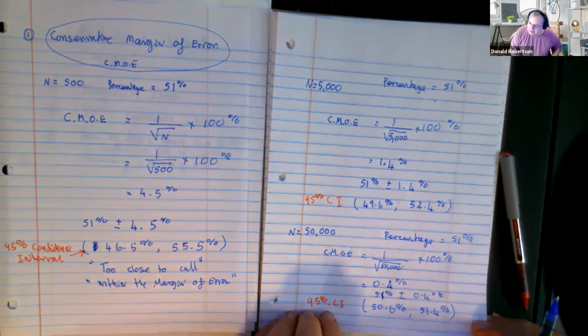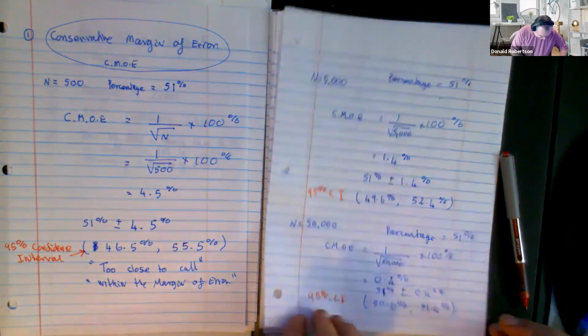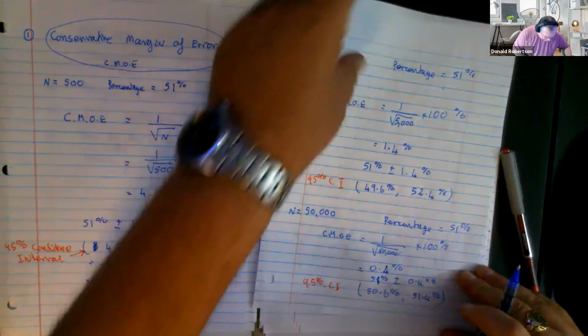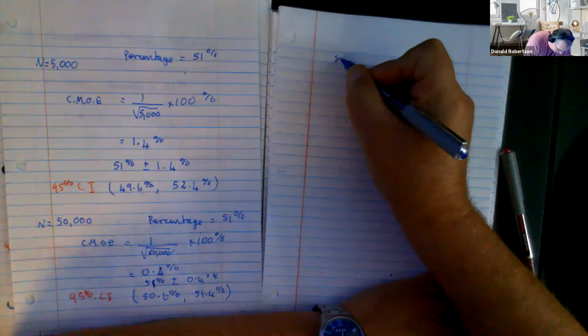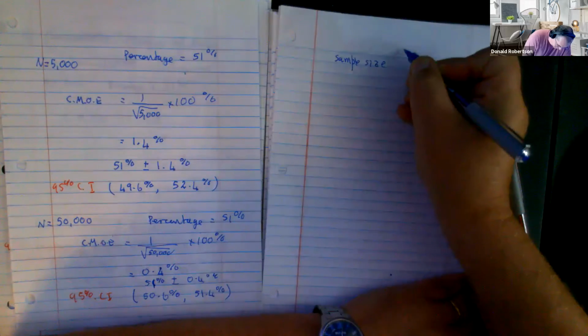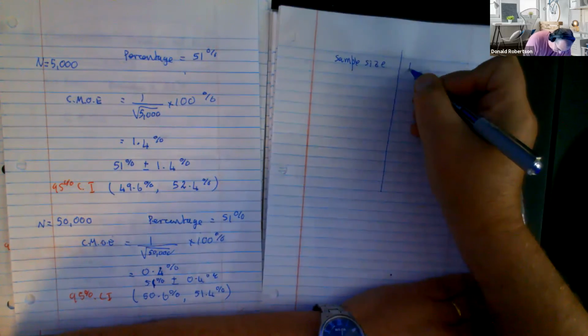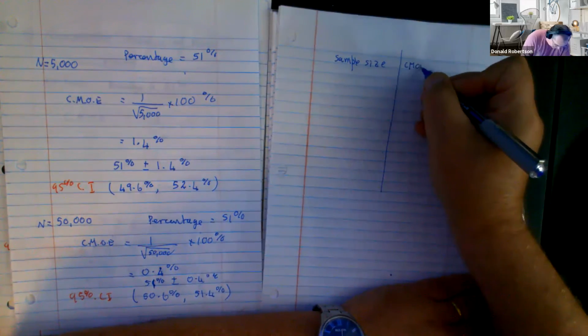Are we good to go with it? Now, I'm going to use the numbers that I've got there to show you an interesting property. This is our sample sizes that we used. And here is the conservative margin of error, right?